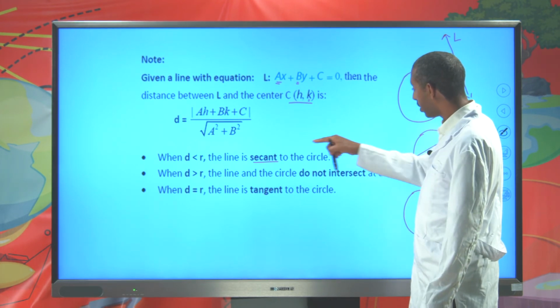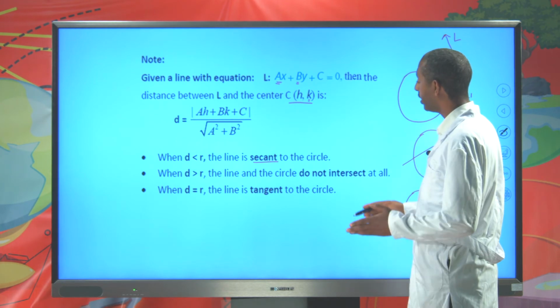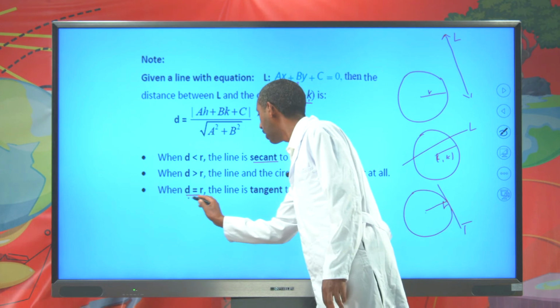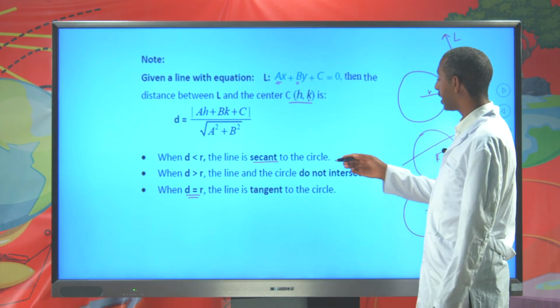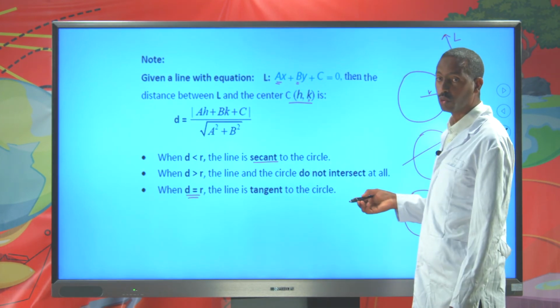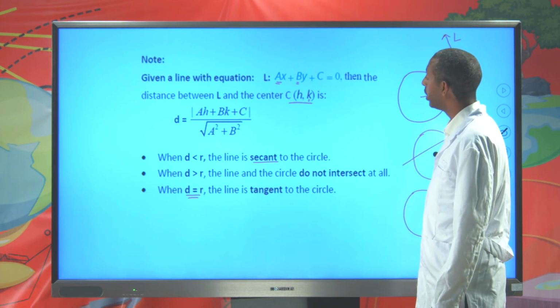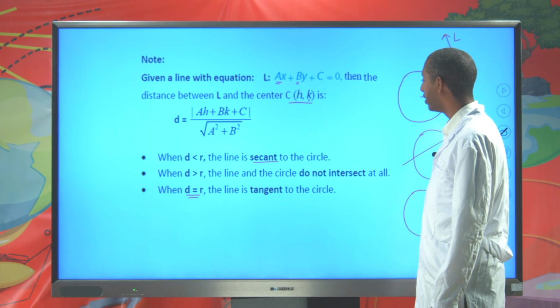And sometimes the distance and the value of the radius are the same. D is equal to R. In that case, the line is tangent to the circle.